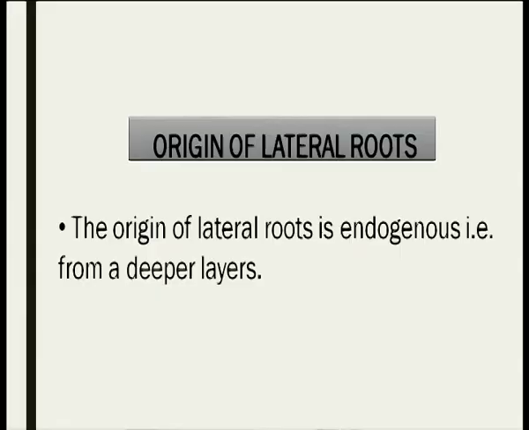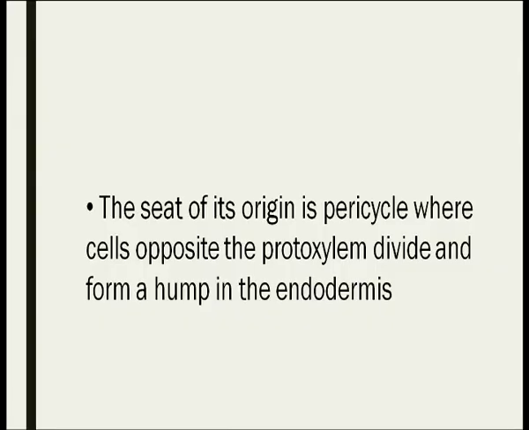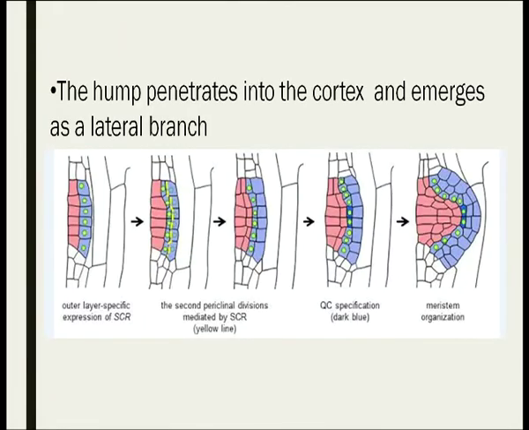So, let us move on. The origin of lateral roots is endogenous, that is, it is from deeper layers, and the seat of origin is the pericycle, where the cells opposite the protoxylem divide and form a hump in the endodermis. Can you see this figure? Look at this figure. In this very first figure, there are pink and blue, two layers I have denoted with different colors.